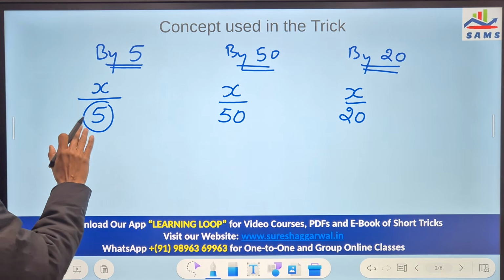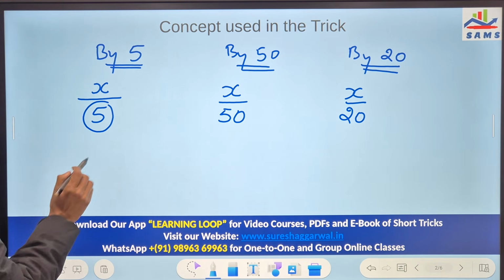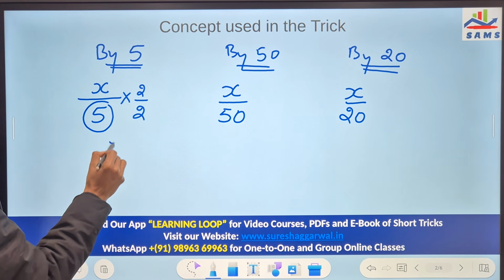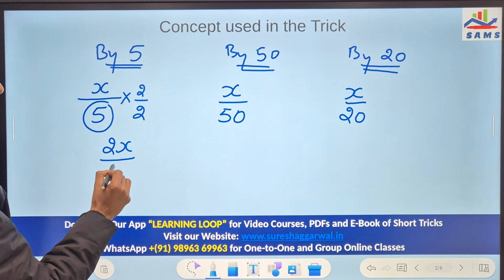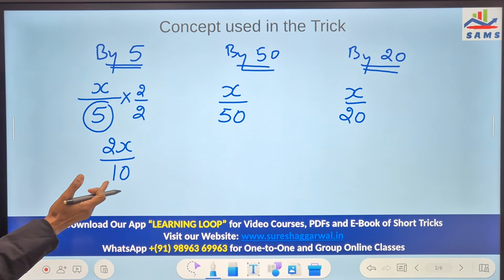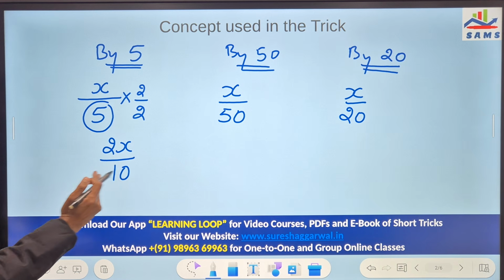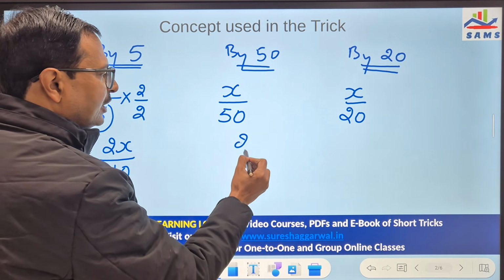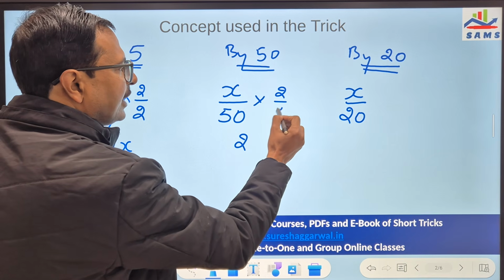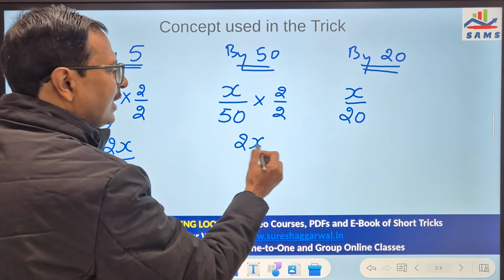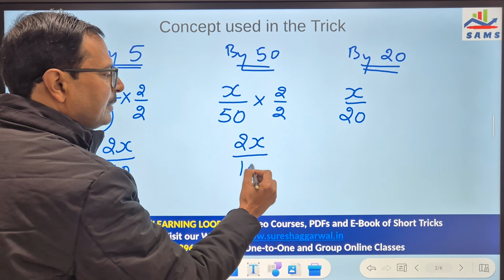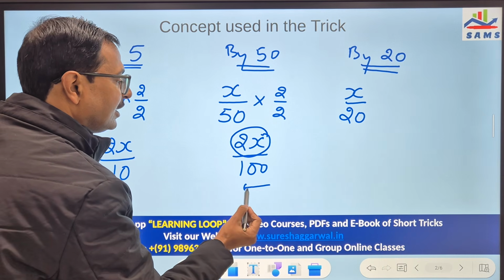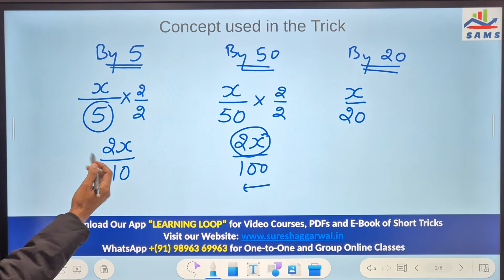Division by 5 is actually, when you multiply this by 2 and divide by 2, then you have 2x in the numerator and 10 in the denominator, and division by 10 is elementary, because it is just shifting the decimal towards left. Likewise, for 50, if you double the numerator and double the denominator, you have 2x and in the denominator it becomes 100. So if you double the numerator and then shift the decimal towards left, you will get your answer.